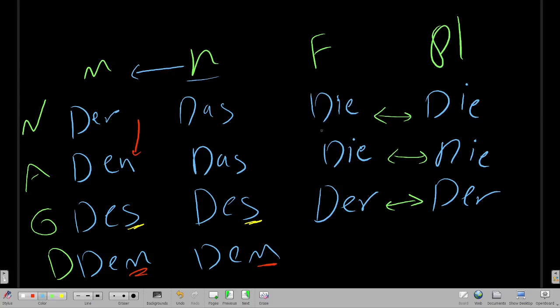Moving on, what would the feminine be for the dative one? If your guess is der again, you're correct. For some reason. So basically the dative definite article for feminine looks like this. Next one, for this plural one. How would this one be?